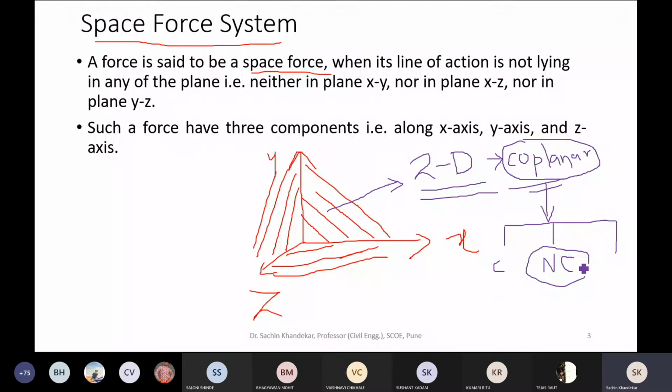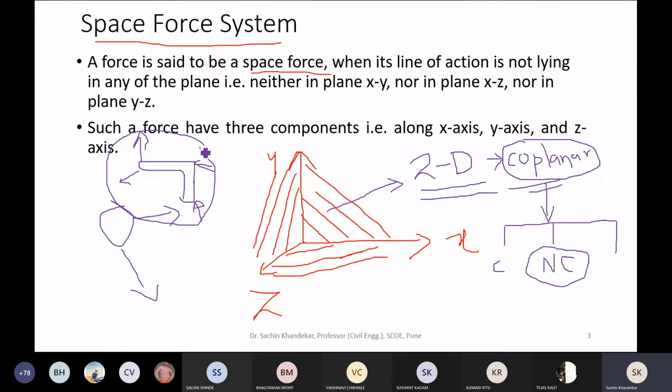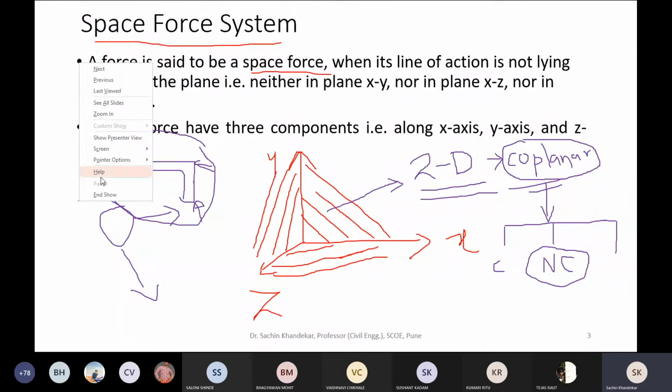It is also called a general force system. Suppose this is a body acted upon by some n number of forces, a frame or a bar, a lever arm, acted upon by one force here, another force here, and so on. This is the coplanar general force system, which we have already studied.